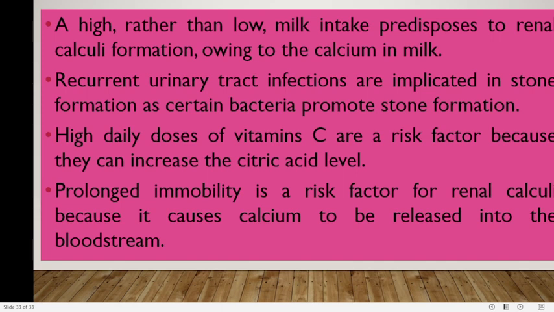High doses of vitamin C are a risk factor because they can increase the citric acid level. Okay, prolonged immobility is a risk factor for renal calculi because it causes calcium to be released into the bloodstream. So those are some of the ways in which we can look at kidney stones.